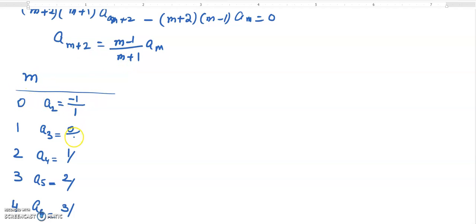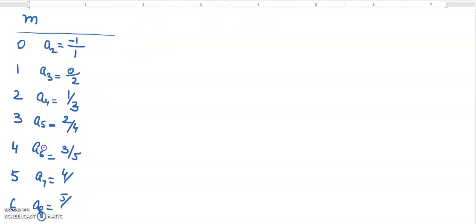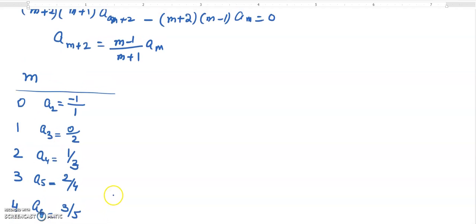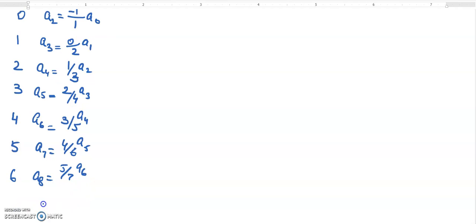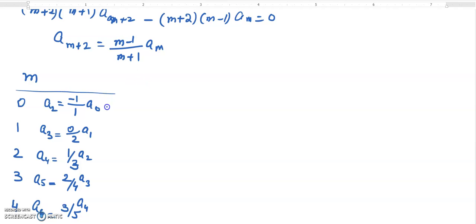So 1, then I will get 2, 3, 4, 5, 6, 7. And then what I will get over here, because with 0, is a0, a1, a2, a3, a4, a5, a6.